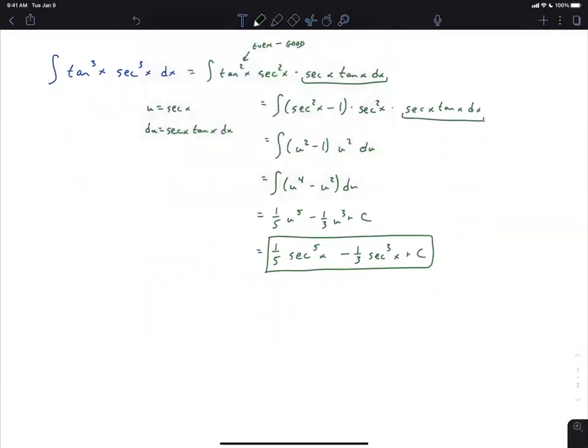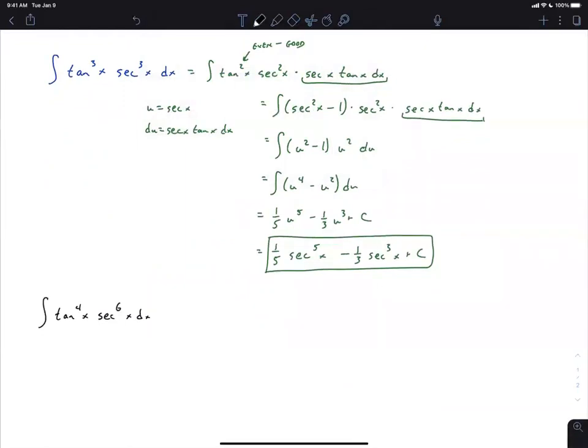Okay, so let's try tangent to the fourth, secant to the sixth. All right, so let's think this one through.